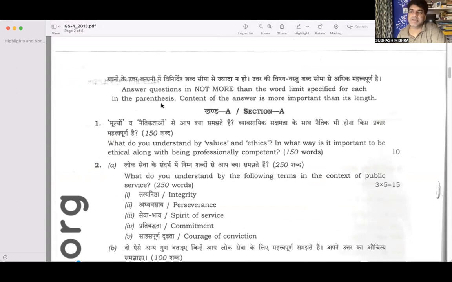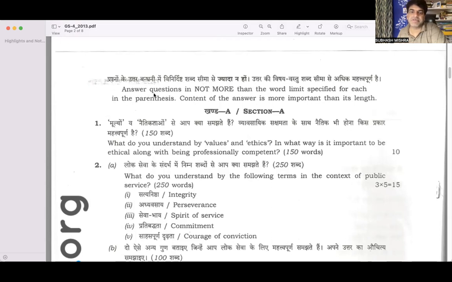If you write more, if you write in the remaining spaces after they have put the line after the question, and these lines are rectangular lines, if you cross those lines, you will get negative marking in the mains also. So some people actually fail because of negative marking. They do not care and they write better, but also they do not follow the rules. So you have to understand the rules of the game.